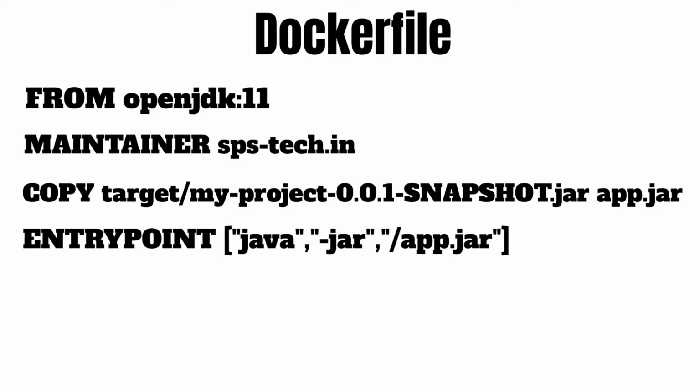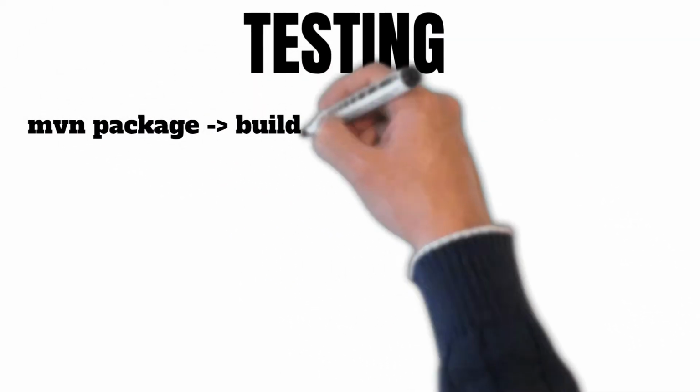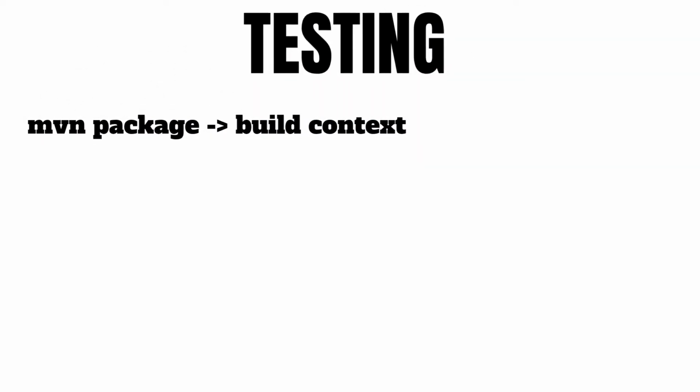Now let's see how we can build our runnable jar, then build our docker image, and then test our docker image. For testing, the first command that we'll run will be the mvn package command, and we'll run this command from the build context, or in other words from the project folder. This command will create our runnable jar since we have the plugin correctly configured in our pom to do so.